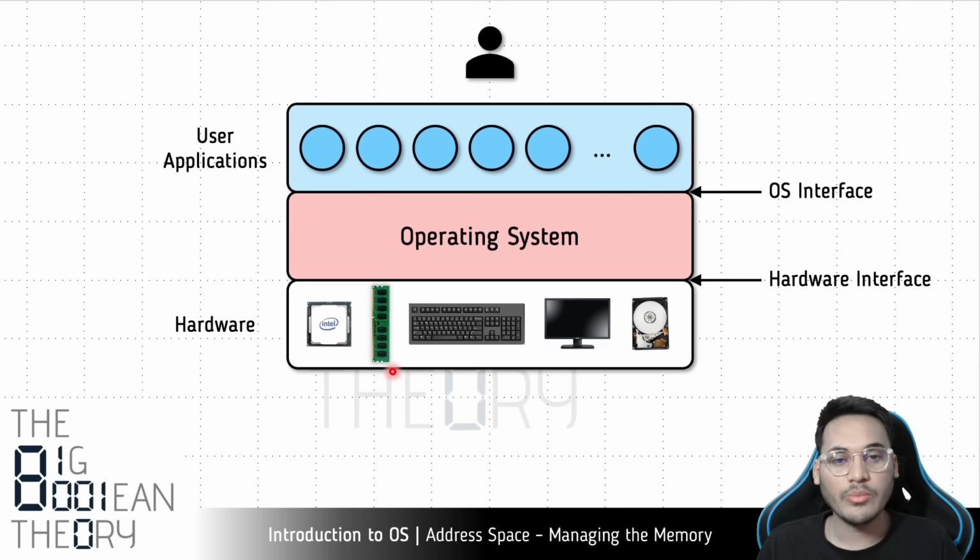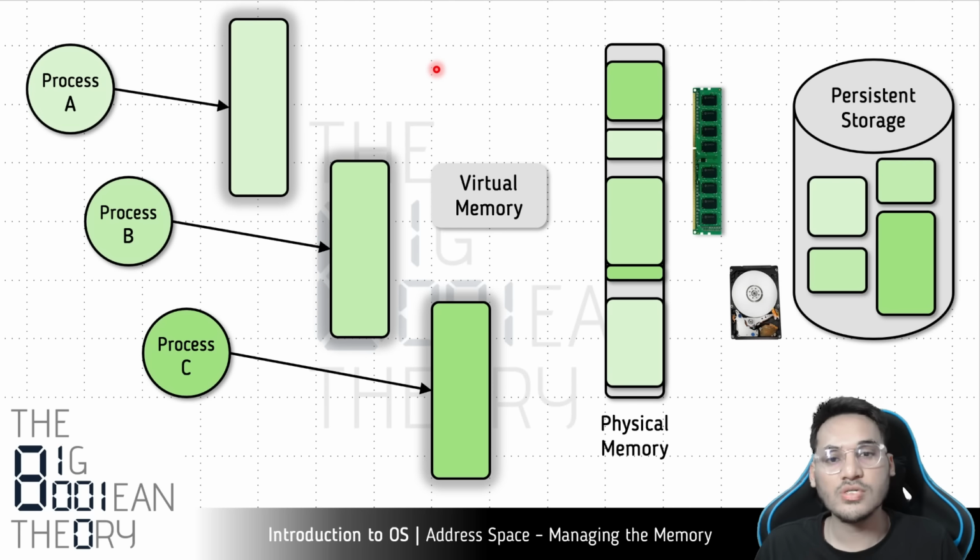So basically the memory is the place where the data and instructions of the processes or computer applications are stored while they are being executed. As you can see, the memory is needed by all the computer applications. It's a shared and a limited resource. It has to be carefully managed so that the memory requirements of all of these user applications can be properly served. So this is how the situation of virtual memory looks in the computer system.